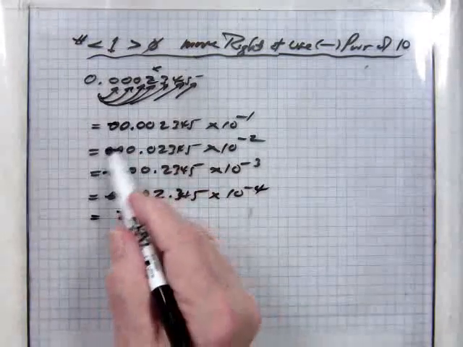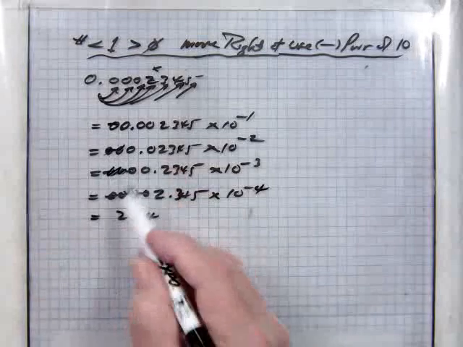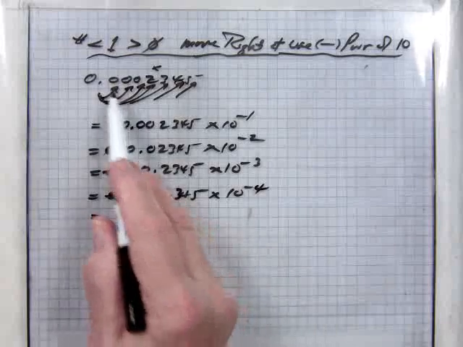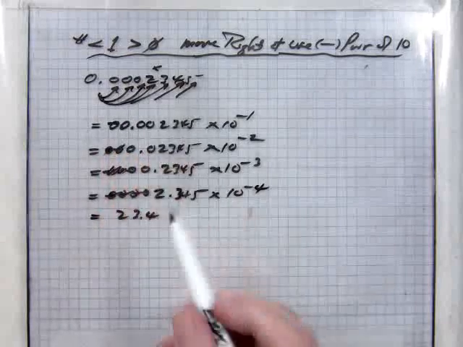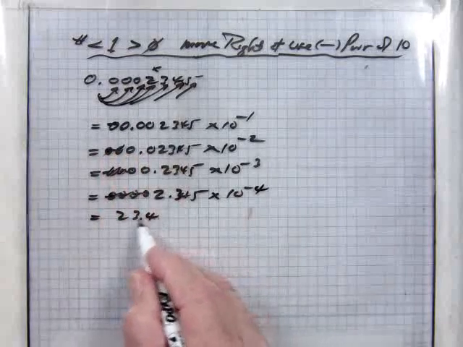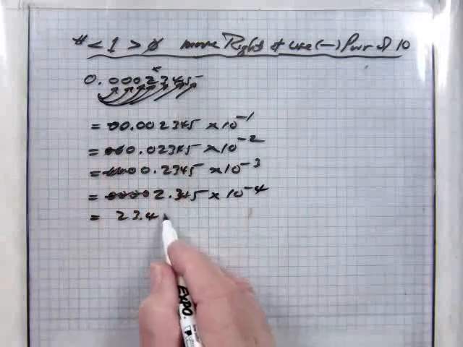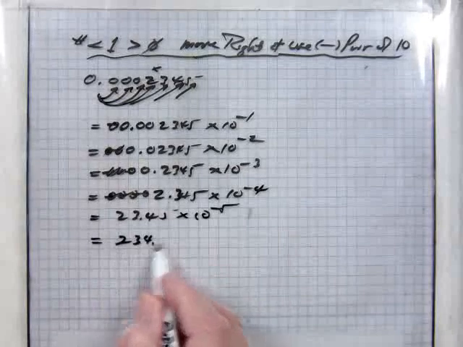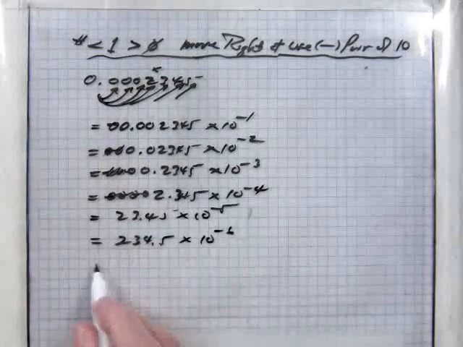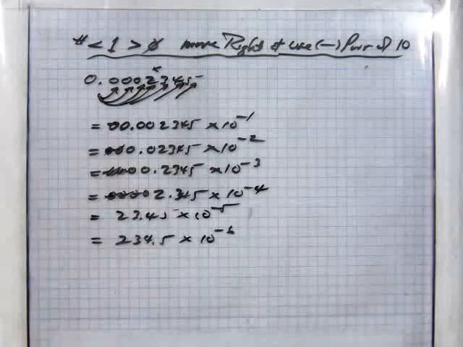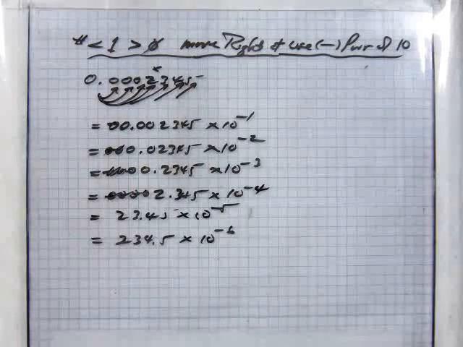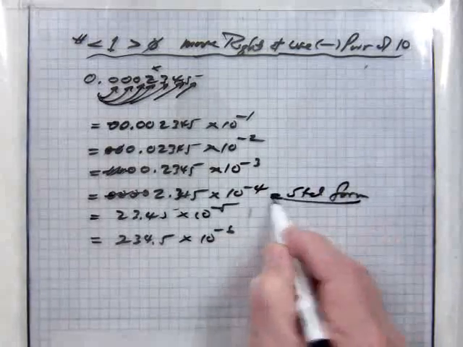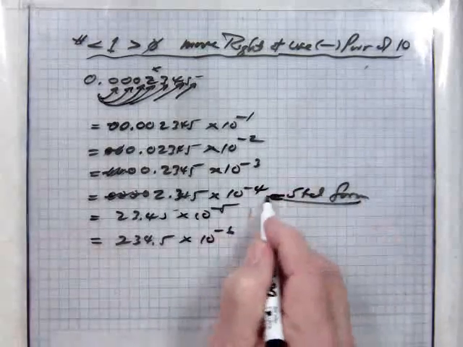You don't have to put these in. 23.4, so you're moving over here from here 1, 2, 3, 4, 5, so that'd be 2, 3, 4, 5 times 10 to the minus 5, and then 2, 3, 4.5 times 10 to the minus 6, and all of that, you just keep going, whatever fits the issue. But the standard form would be that one. So I think, does anybody not understand that?